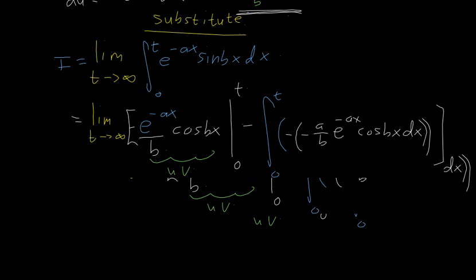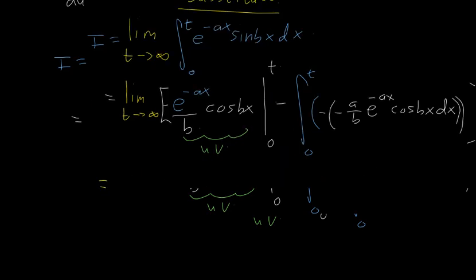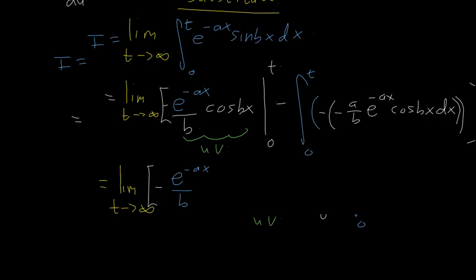So the next part here is we're going to use a limit again. Say the limit as t approaches infinity. Then we're going to have, over here now, minus e to the negative ax all over b cos bx from 0 to t.